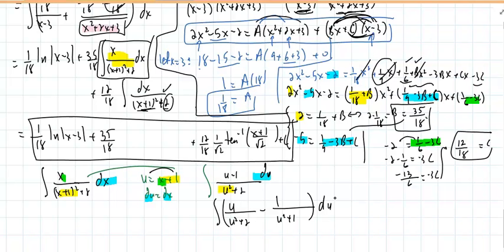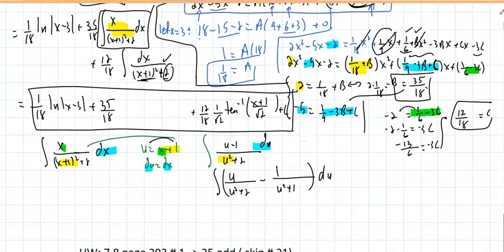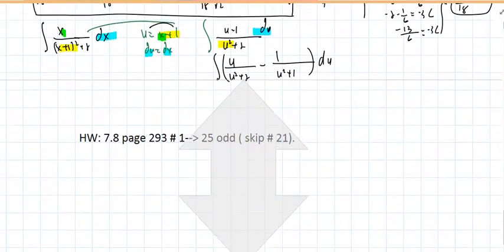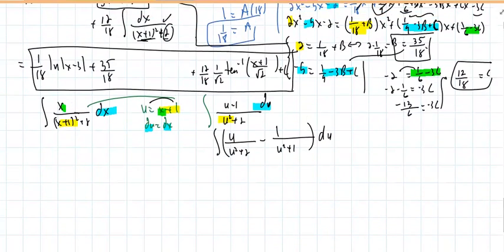Wouldn't that be, here I let w equal u squared plus 1. Let w equal u squared plus 1. dw is 2u du. So, there.